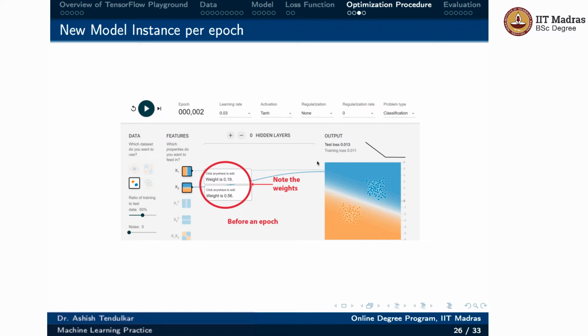Because of these particular weight values, we also see different losses that appear in this region, which is the evaluation visualization region. As we move to the third epoch, the weights have changed. If you go back and check, the weights were 0.19 and 0.56, and in the next epoch they changed to 0.23 and 0.59, and the losses have also changed.